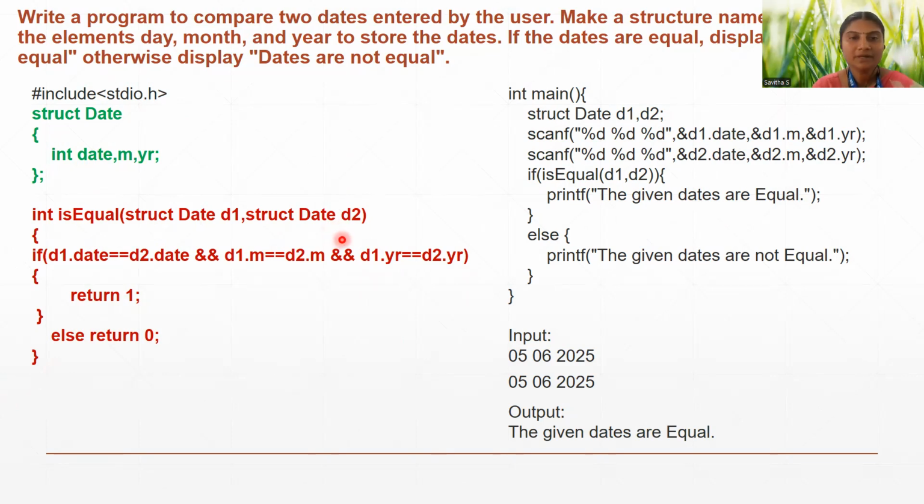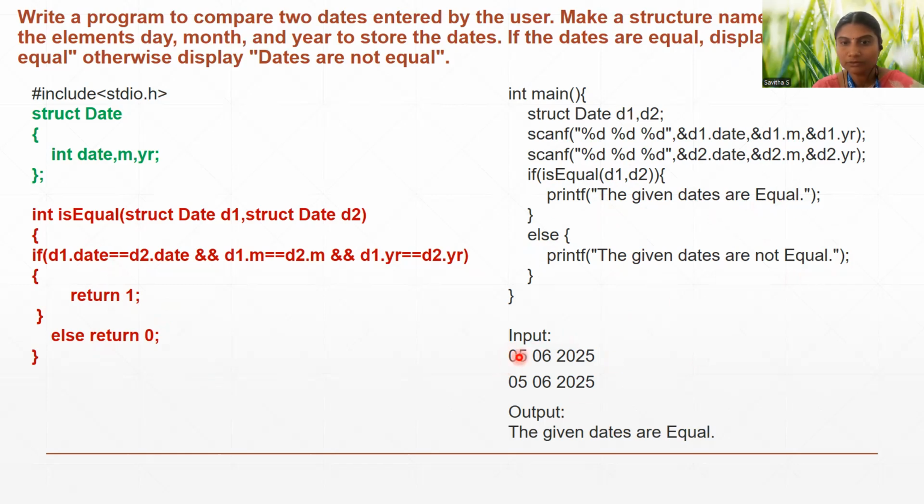Whenever we are passing structure variable values, we need to pass like this, struct date D1. Now we are calculating whether they are equal or not. If they are equal, return 1. If they are not equal, we will return 0. If it is 1, we will print the given dates are equal. If it is not, we will print the given dates are not equal.